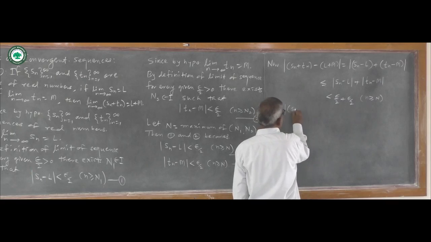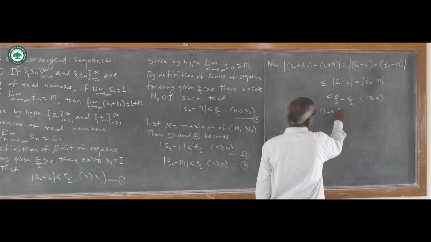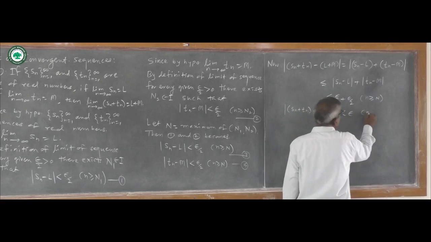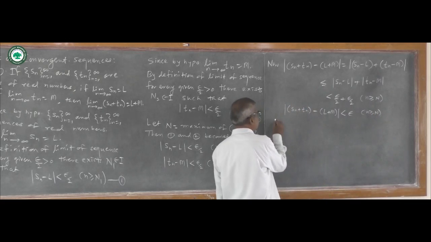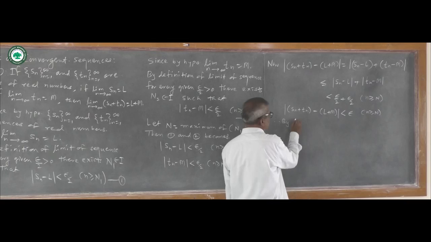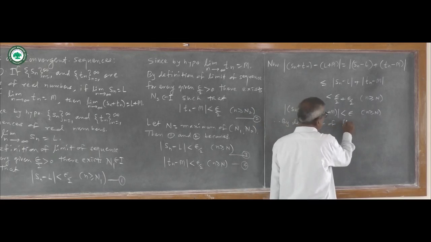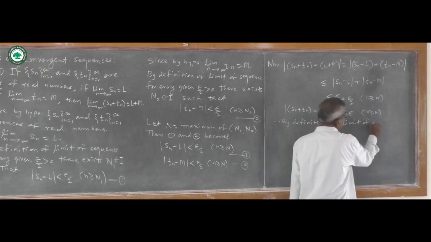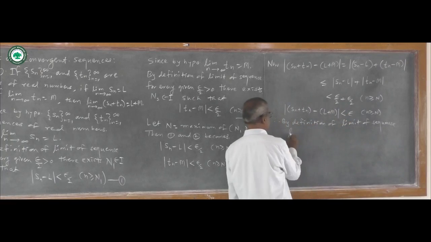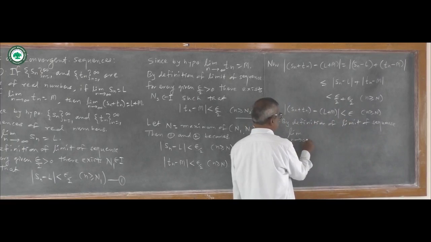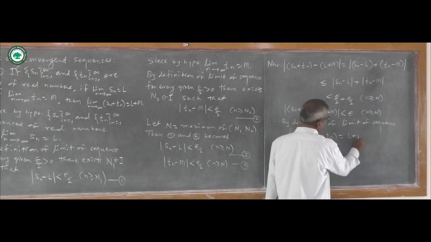Modulus of Sn plus Tn minus L plus M is less than epsilon for all n greater than or equal to capital N. Therefore, by definition of limit of sequence, limit as n tends to infinity of Sn plus Tn is equal to L plus M.